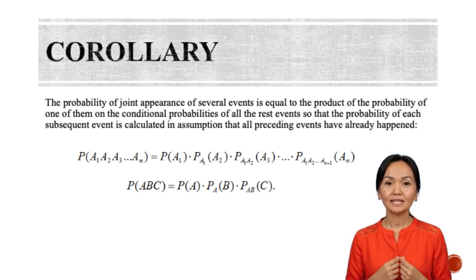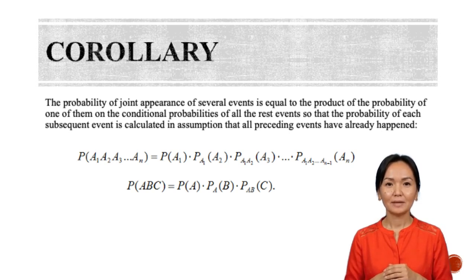The general formula is P of A1 times A2 times A3, continuing up to An, equals P of A1 times P subscript A1 of A2 times P subscript A1A2 of A3, continuing through to the final conditional probability. For three events, this simplifies to P of ABC equals P of A times P subscript A of B times P subscript AB of C.